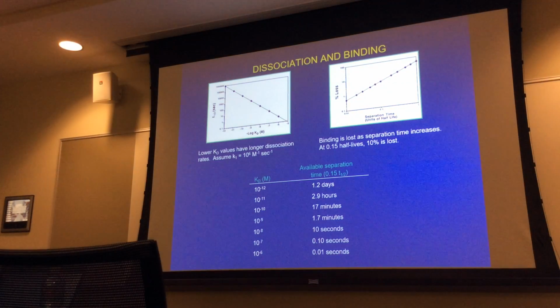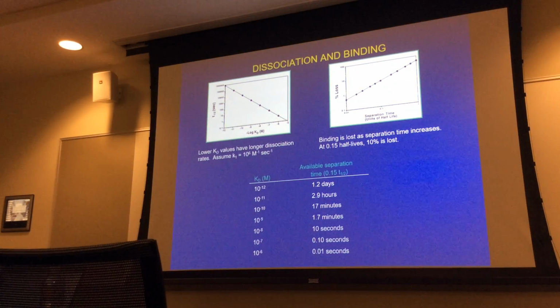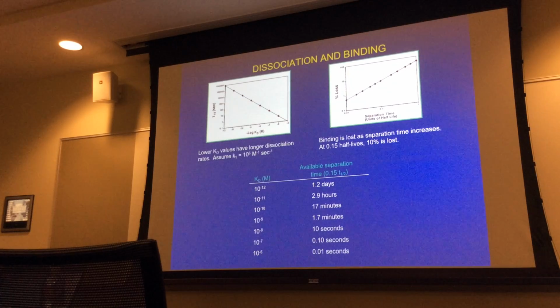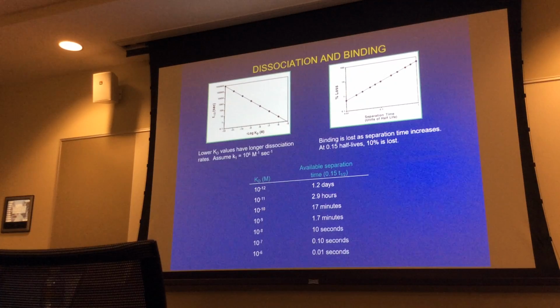I'm going to give you an example of how this kind of thing works in the laboratory. Now, this is sort of a thought exercise, not something, once again, that I'm going to ask you to remember. When people are doing receptor binding assays, you have to separate the bound and the free radioactive drug. And you have a certain amount of time to do that.